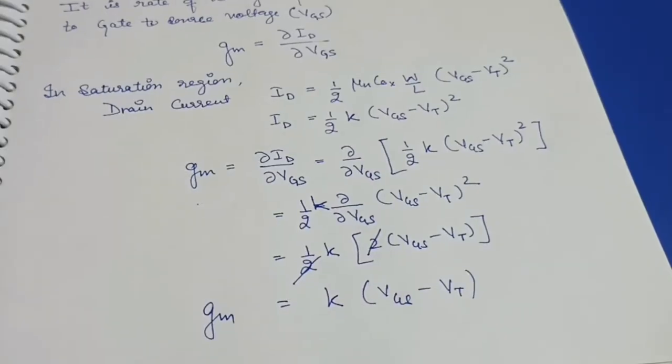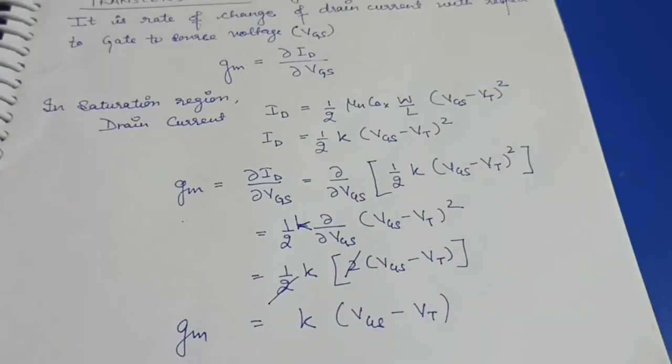But for numerical purposes, if we are given the drain current, then how can we calculate this transconductance parameter? For that, let us derive one more formula for transconductance. Drain current in saturation is given by half K (VGS minus VT) whole square, where K is the constant term mu n Cox W by L. From here, we have to determine this VGS minus VT term.